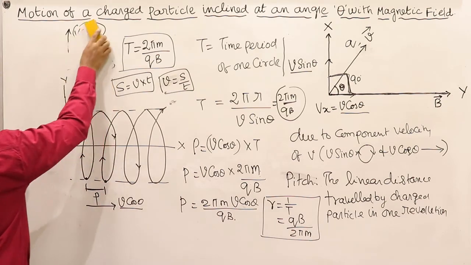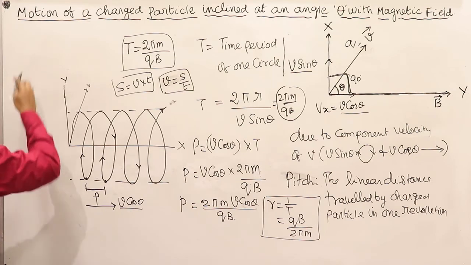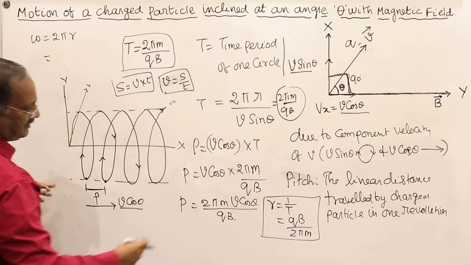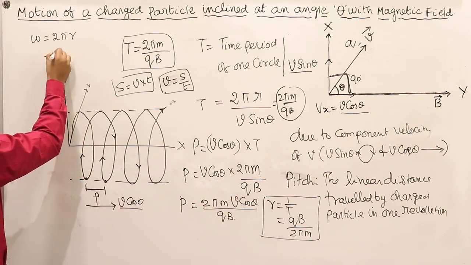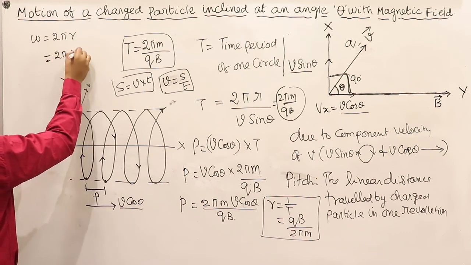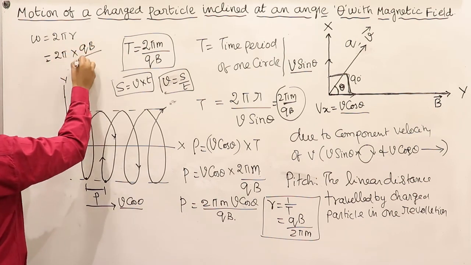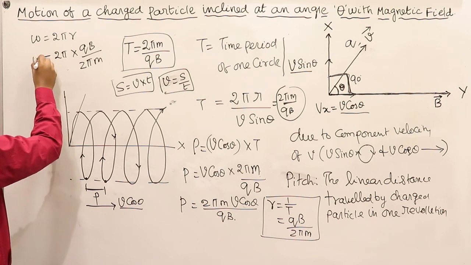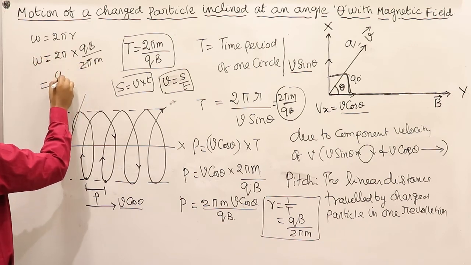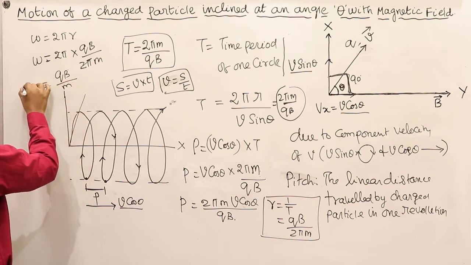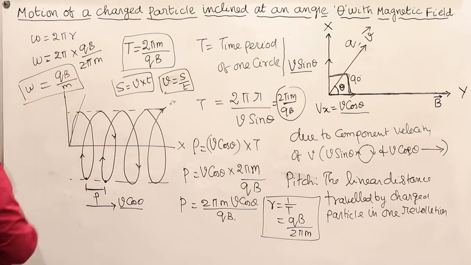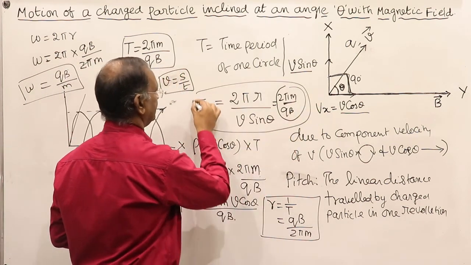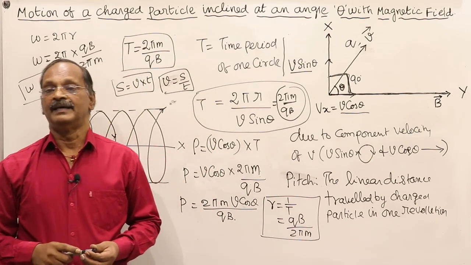The angular frequency omega is equal to 2 pi into linear frequency, which is equal to 2 pi into qB by 2 pi m. Therefore, the angular frequency is equal to qB by m. This is the expression for angular frequency. This is the expression for linear frequency. This is the expression for time period. Time period is equal to 2 pi m by qB.